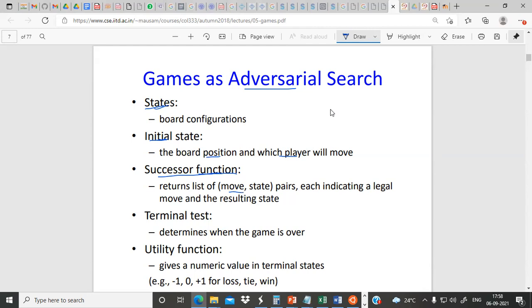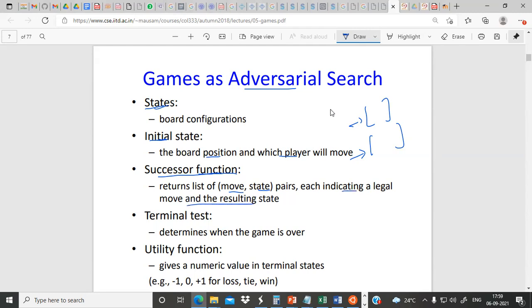It returns a list of move-state pairs. So if I make this move, what will be the next state? If I make this move, what will be the next state? Basically, the successor function returns a list of move-state pairs, each indicating a legal move and the resulting state.